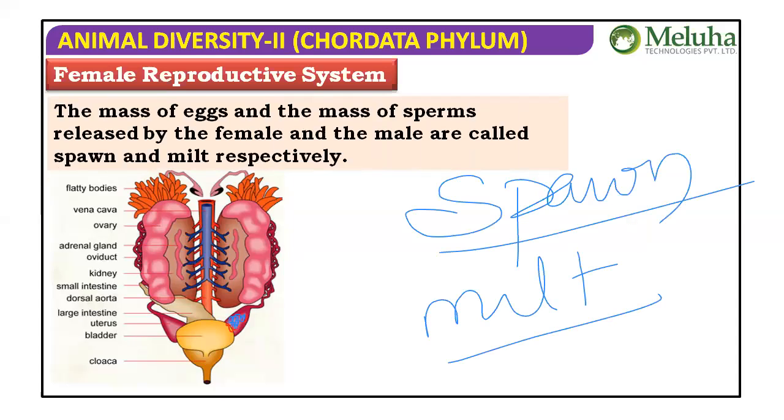The mass of eggs released by the female is called spawn, and the mass of sperms released by the male is called milt. Spawn and milt. So that is to be remembered.